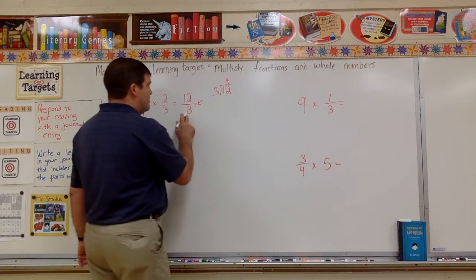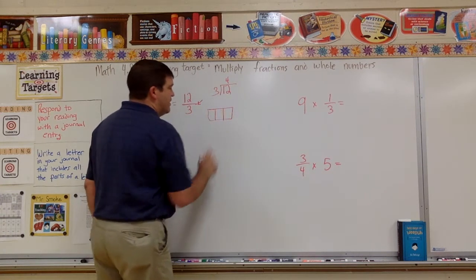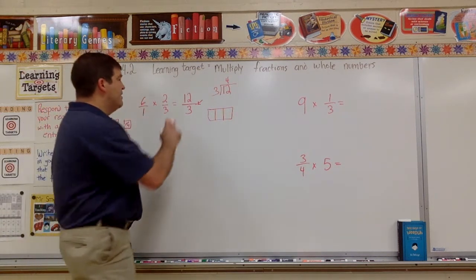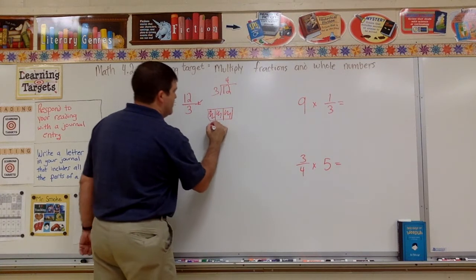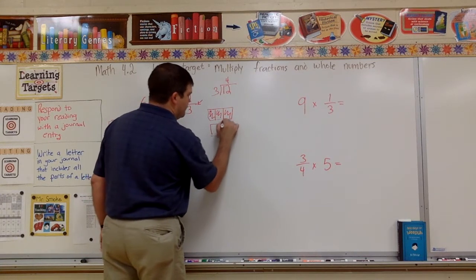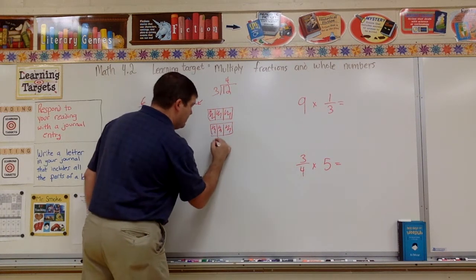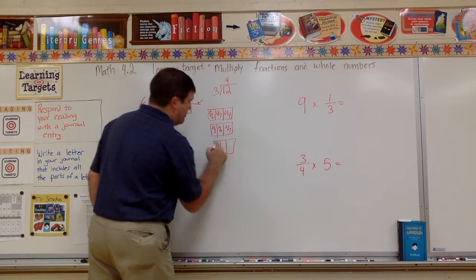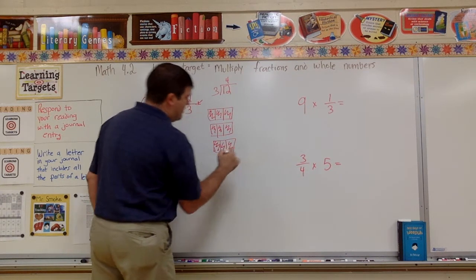The other way I could do it is 3 parts, 1, 2, 3. That equals a whole, and I need 12 of those. There's 1, 2, 3. Oh, I need another whole. 4, 5, 6. Still need another whole. 1, 2. There's another 3. That's 7, 8, 9.